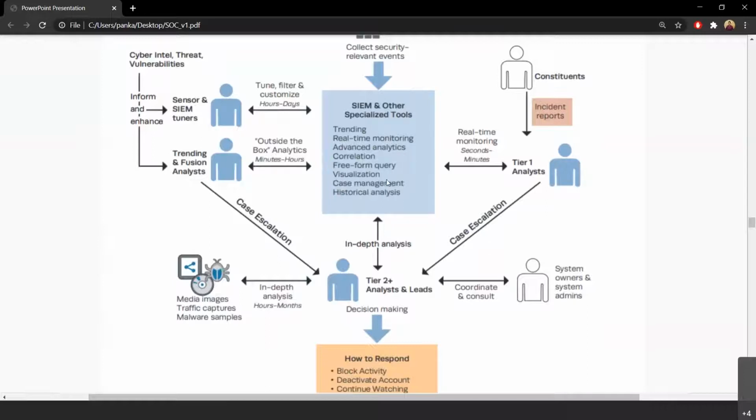Now most of the cases, 70, 80, 90% of cases, are handled at the tier 1 analyst only. Basic security incident SOPs are already created. Say some IP is continuously trying to scan. This is a type of incident that I'm telling you about. Some IP from some other country is trying to scan one particular IP of your organization.